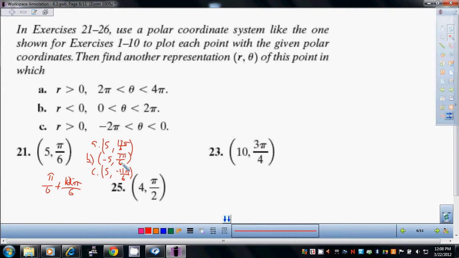Good. Try 23 on your own, and I'll call on random people to see if you've got it. Try 23.